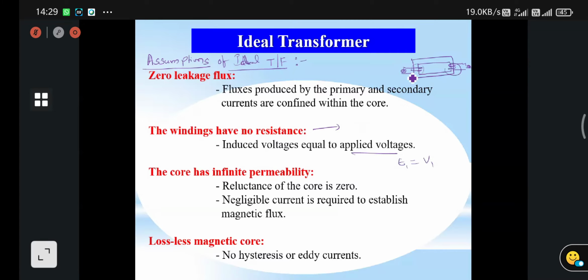The resistance of the windings is zero, so I squared R is equal to zero. Thereby the copper losses are zero, so the induced voltage is equal to the applied voltage. Similarly, E2 equals V2.